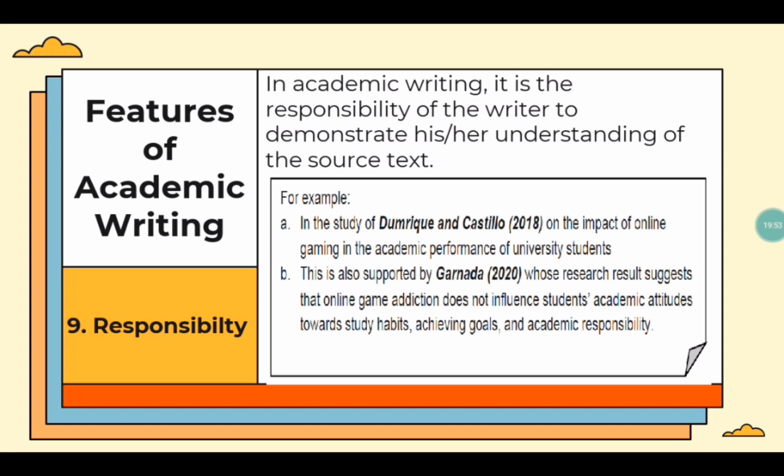Another example, this is also supported by Garnada in 2020, whose research results suggest that online game addiction does not influence students' academic attitudes towards study habits, achieving goals, and academic responsibility. So, you're doing this by paraphrasing and summarizing what you read and acknowledging the source of information or ideas by a system of citation.